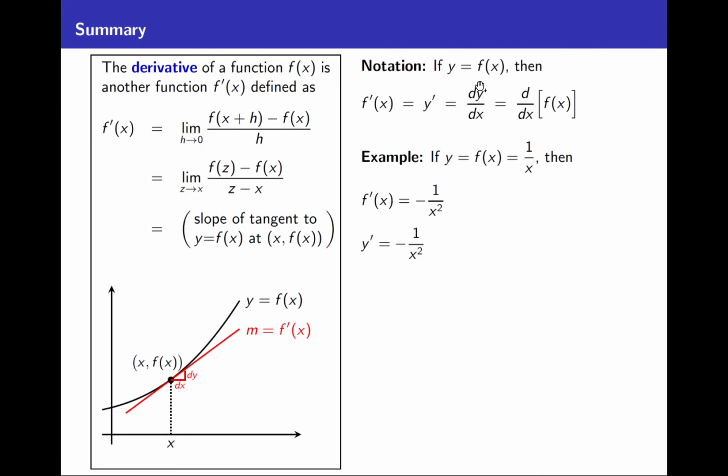And dy dx stands for the derivative too. So dy dx is negative 1 over x squared. And finally, d dx of 1 over x is negative 1 over x squared. The derivative of 1 over x is negative 1 over x squared.